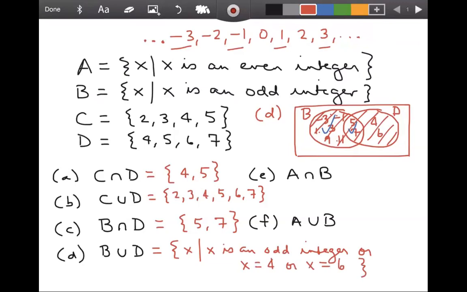All right, that brings us to letter E. We're looking for A intersect B. So what do the sets of even integers and odd integers have in common? In other words, which integers are both even and odd?